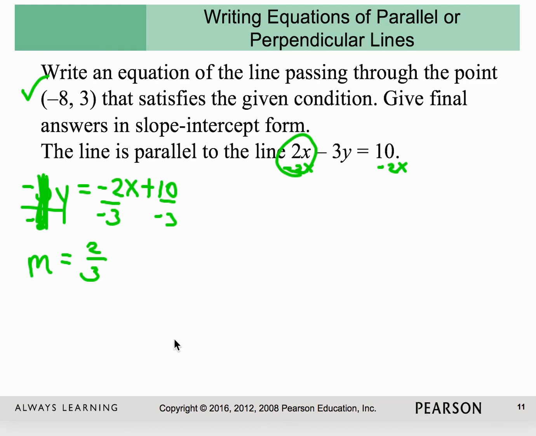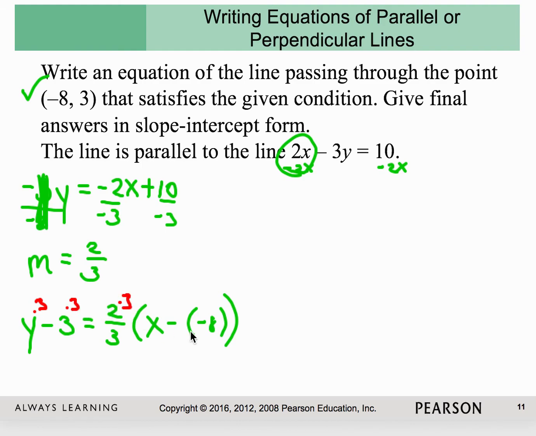So now I have a slope and a point. Plug into that point slope formula. y minus the y part of the point equals m times x minus the x part of the point. Make sure you get all your negatives in there. Let's get rid of the fraction.